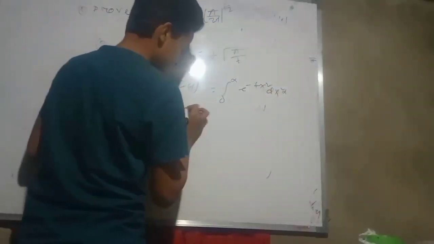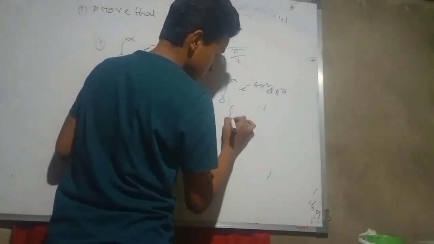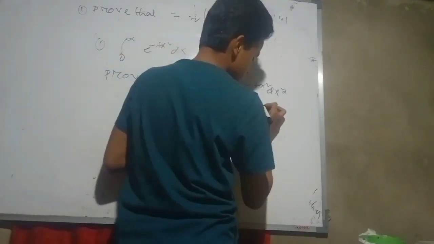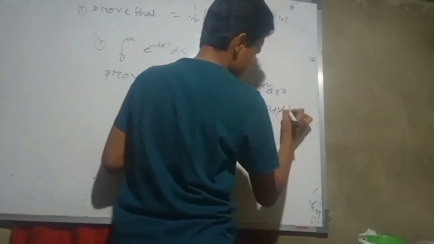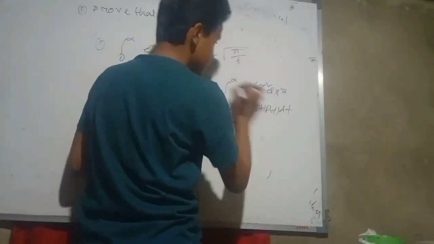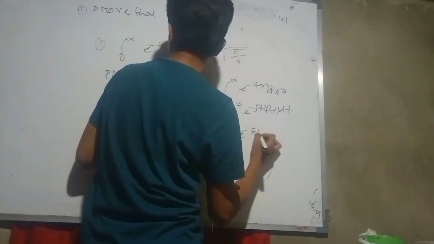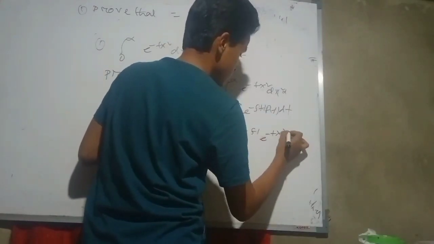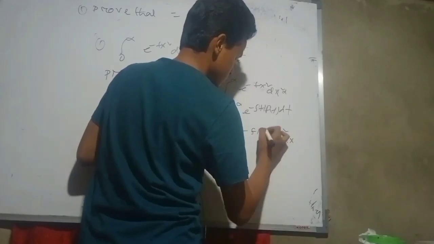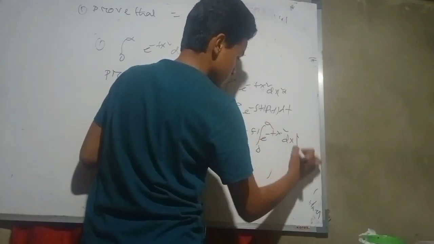So the Laplace transform of f of t is the integral from 0 to infinity of e to the minus st f of t dt. So f of t is e to the minus st and e to the minus t x square dx from 0 to infinity dt.